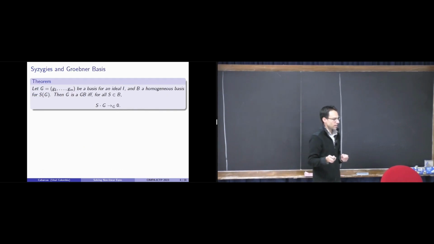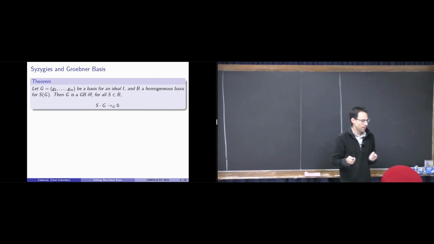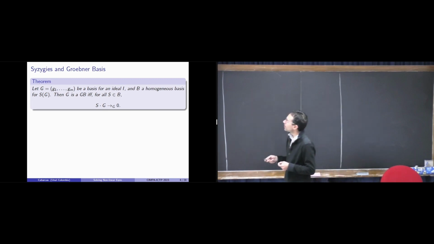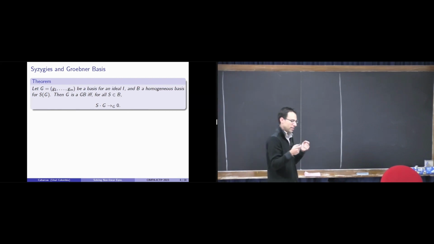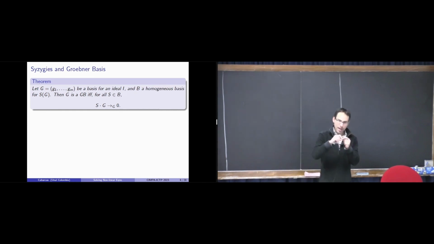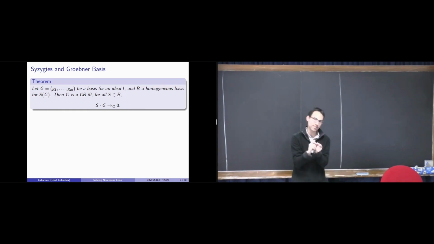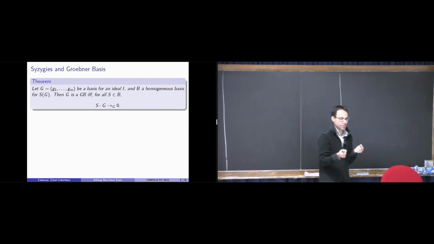A Groebner basis can be characterized by saying that any basis for the module of syzygies, not only the S-polynomials, is enough.